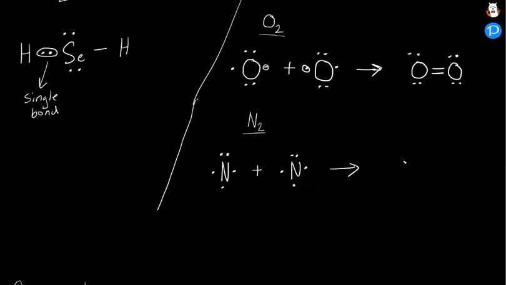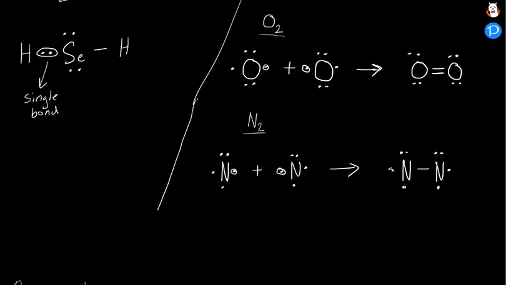Okay, if we bond these, so let me just do it one at a time, we got a nitrogen attached to another nitrogen with a single bond. And so let's imagine that it's these 2 electrons that are bonding together. So I'm going to put the rest that are left around it, like that. And if we count up how many electrons are around each, 1, 2, 3, 4, 5, 6. Each one has 6 electrons around it. They want to get 2 more around it.